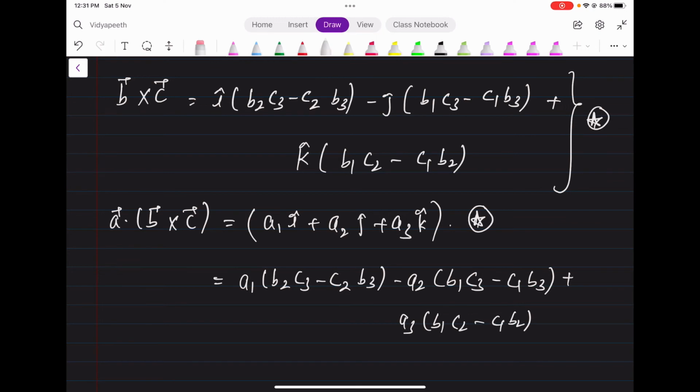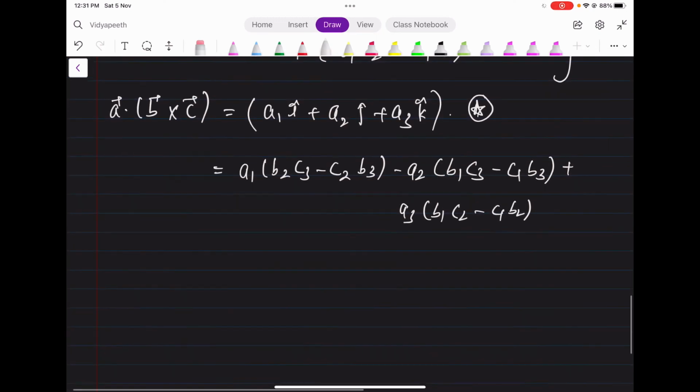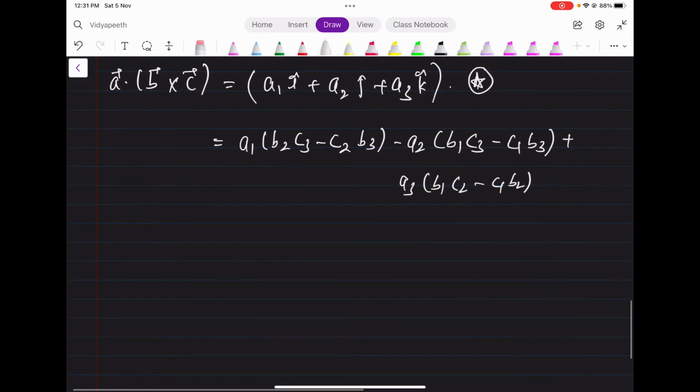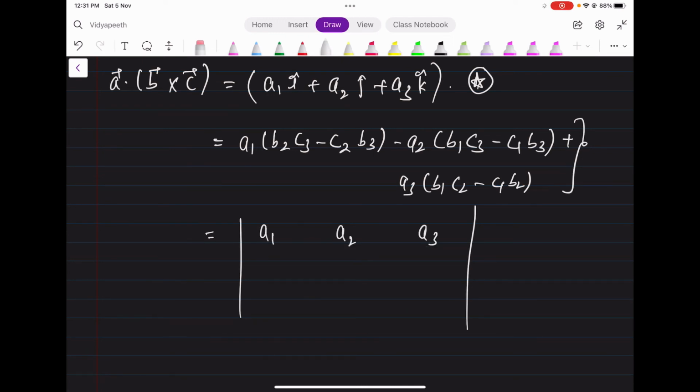So that is the dot product between the two vectors. And now we need to observe one thing very, very carefully, that this step is similar to the determinant of this matrix, that is A1, A2, A3 as the first row, B1, B2, B3 as the second row, and similarly C1, C2, C3 as the third row.